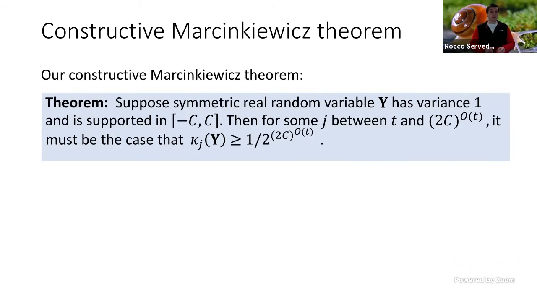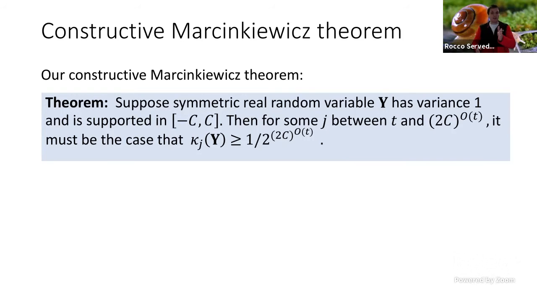What we're able to say is that under those conditions, if you have a starting point you're interested in, like the tth cumulant, the t plus first, the t plus second, how far do I have to go to get a non-zero one? The result says that if you start at the tth cumulant, you only have to go up to basically exponential in t. Consider that many possibilities for the cumulant, and you will find a non-zero one within that range.